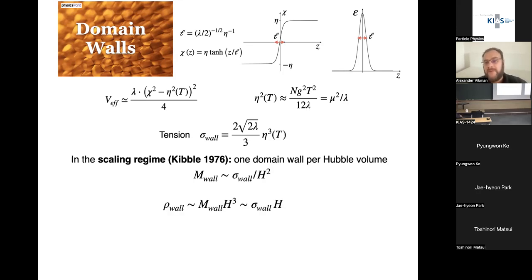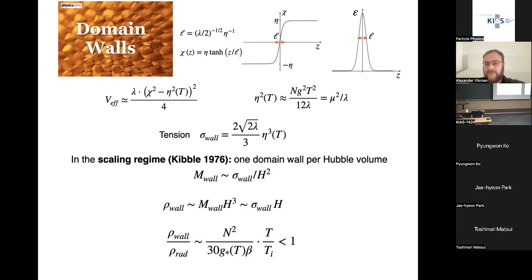Then the density is the mass divided by the volume, so therefore multiplied with Hubble cubed. So it's sigma wall multiplied with H. And now you can see immediately from there that the energy density in the domain wall network is much less than the energy density of radiation, because our beta is always larger than 1, and we can think that n is not too huge.